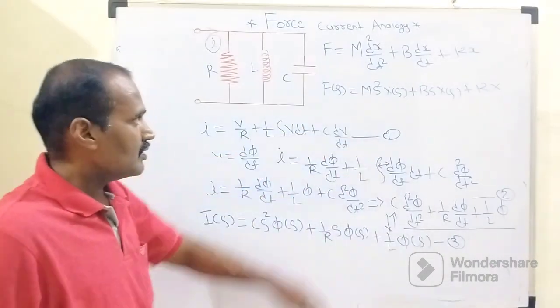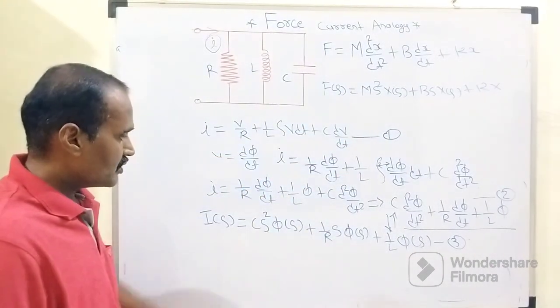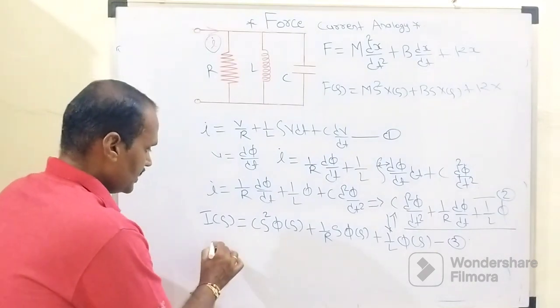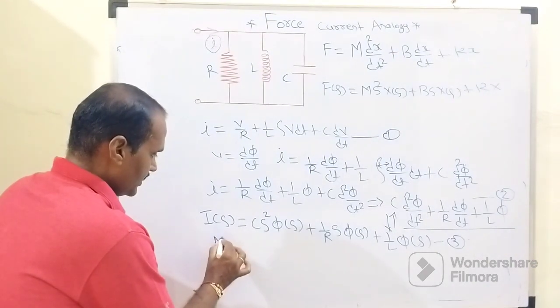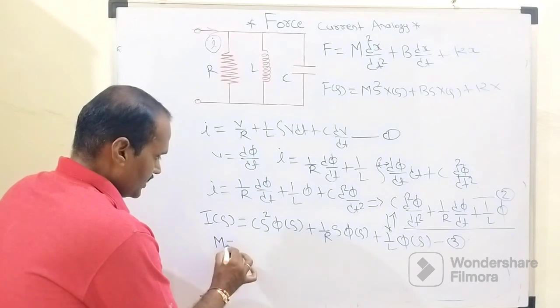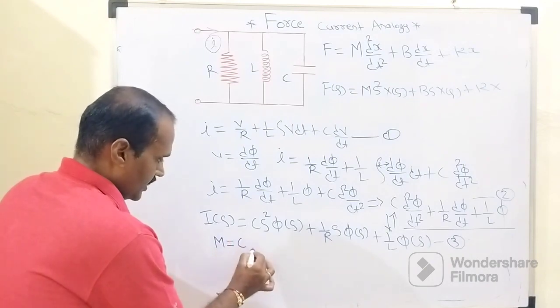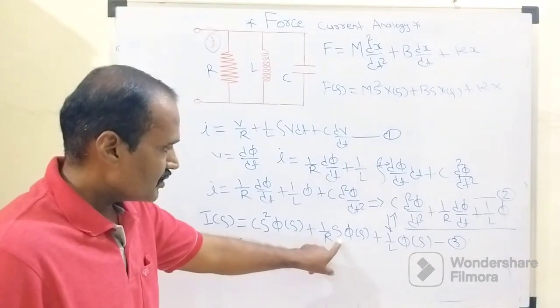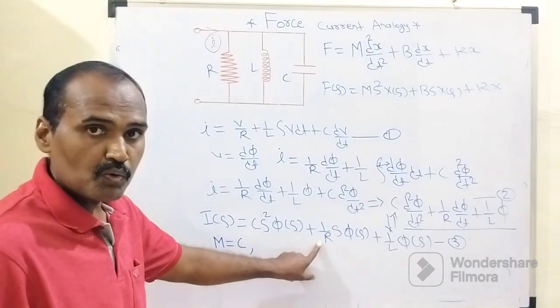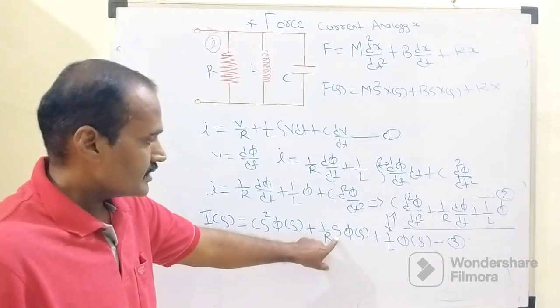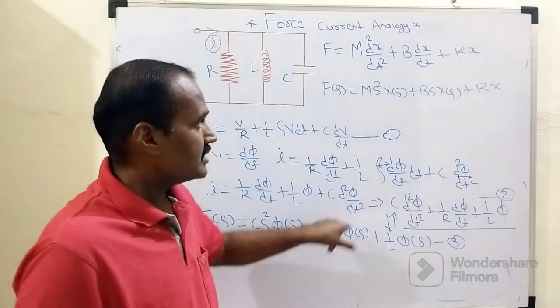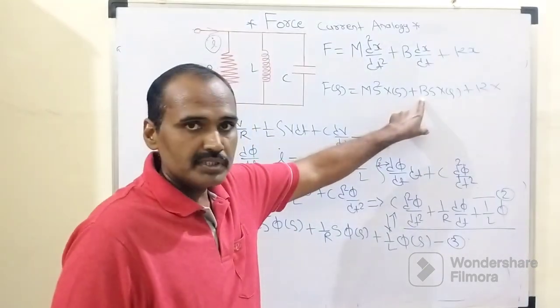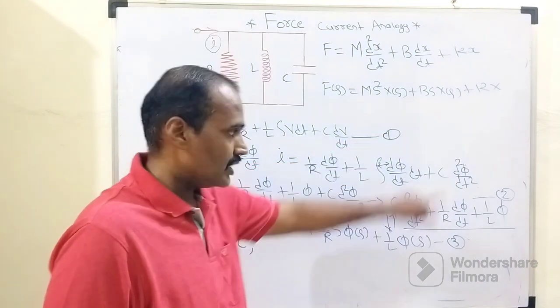As the coefficient of s² is m, and here the coefficient of s² is C, we will come to know this mass is analogous to C in the force current analogy. The coefficient of s is 1/R. The single order Laplace variable s belongs to the viscous friction or the damper.